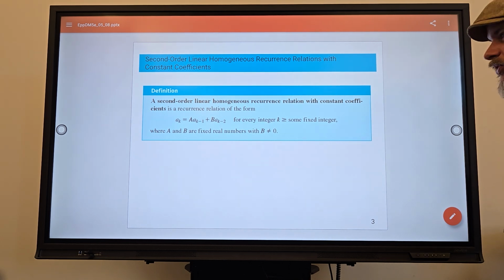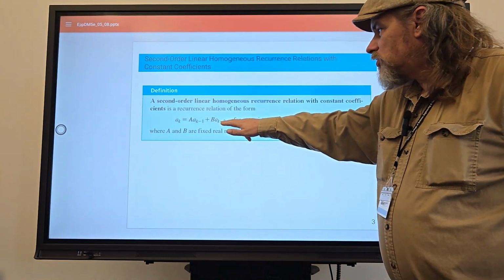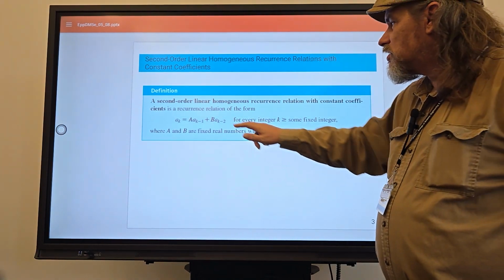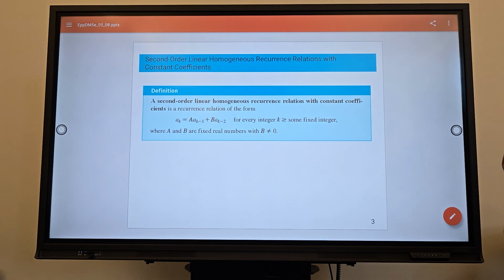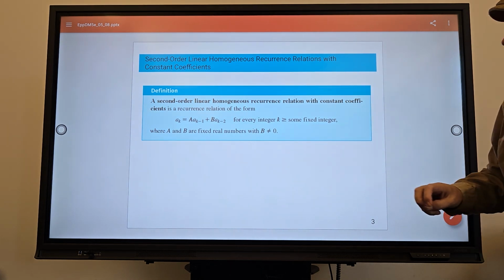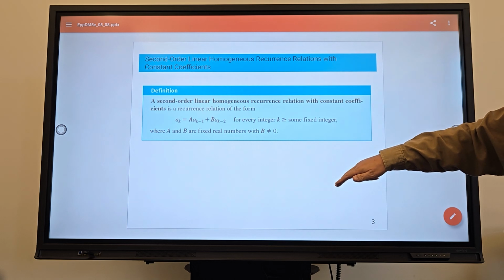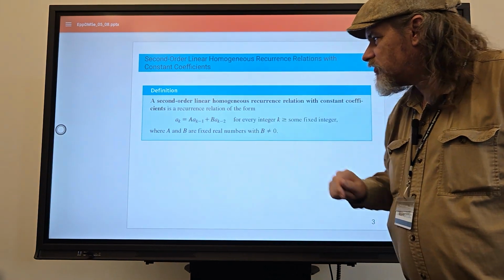So second order means there's two coefficients. Linear means there's no squared or cubed terms. The recurrence relation will be shown a little bit, and the constant coefficients A and B are constant values.